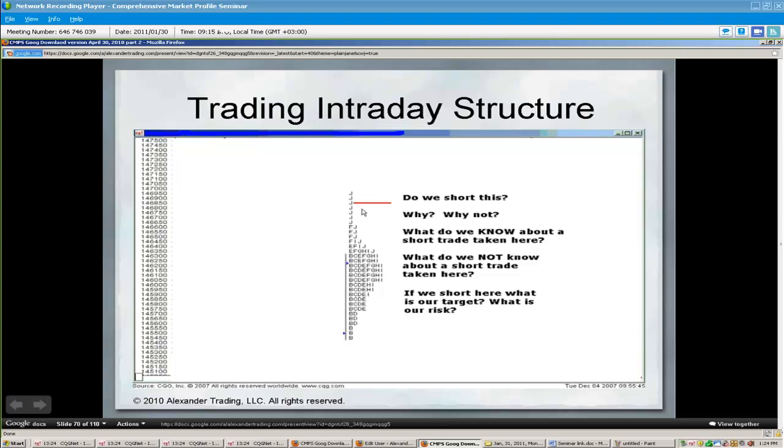Why wouldn't you short it? Raj, not enough info. That's true. But also, depending on the time frame you're trading, the day is almost complete. So you've got a limited amount of time for this trade to work. You don't take a trade unless you think you've got a substantial enough reward in the trade to justify taking it.